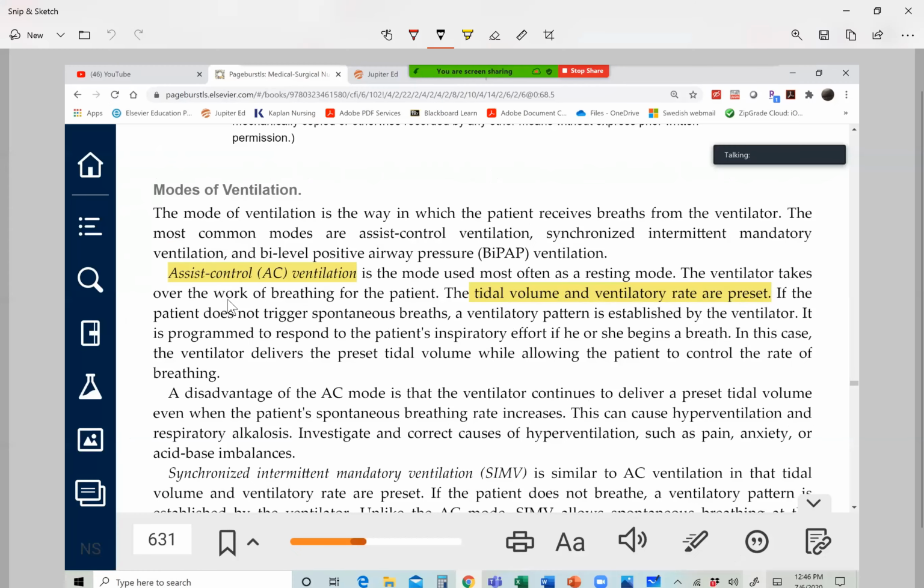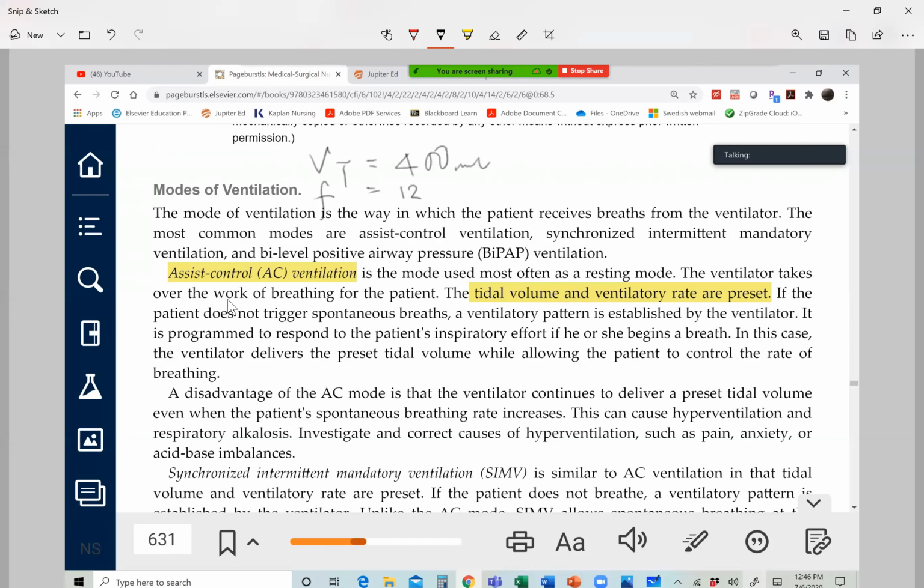So let's say the tidal volume is 400 ml, and then the rate is 12. The vent will give you 400 ml of air with each breath 12 times a minute. Multiply that, and that will be your minute ventilation.